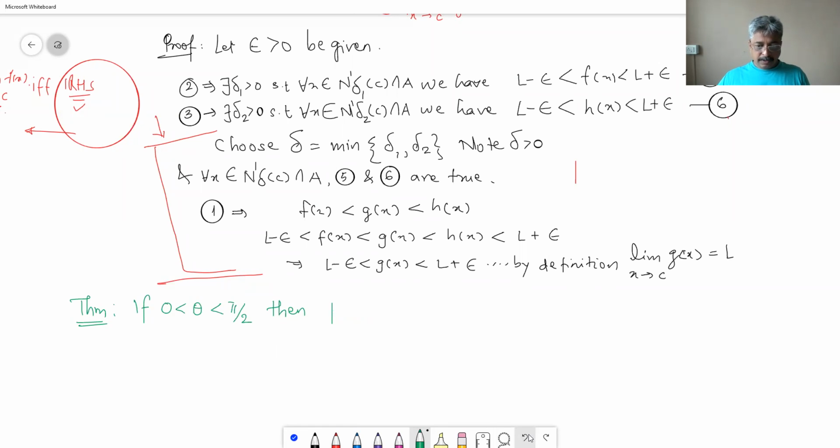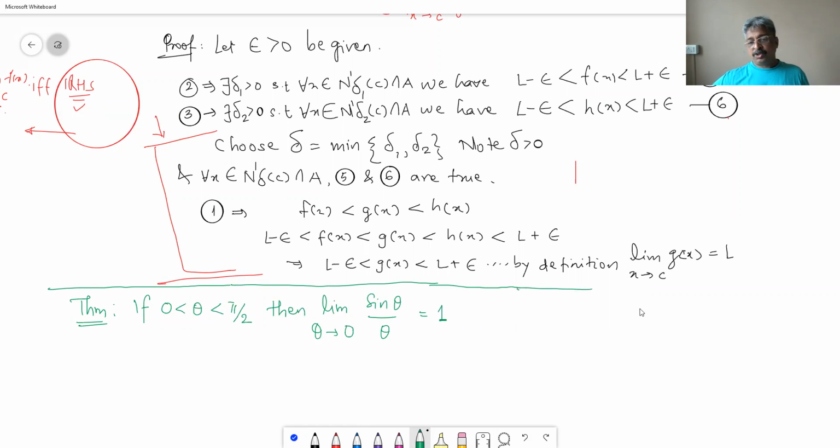So then limit of sine theta upon theta as theta tends to 0 is equal to 1. This is the first application of the sandwich theorem, and in many more places while solving problems you will have to use this theorem, and therefore it is important.